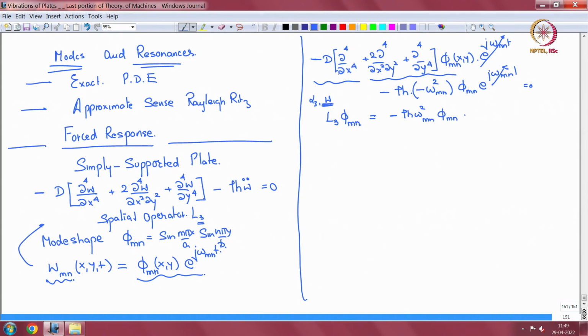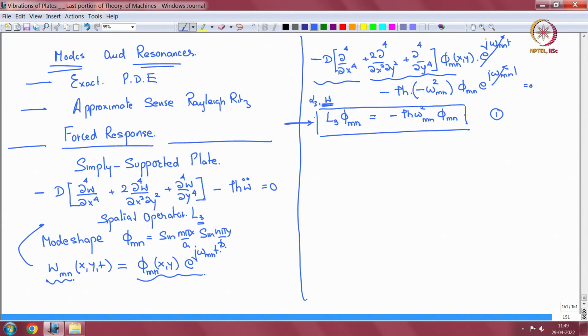This is one thing we should remember, because the forced response section begins with this operator.